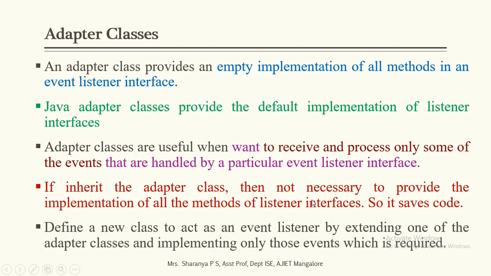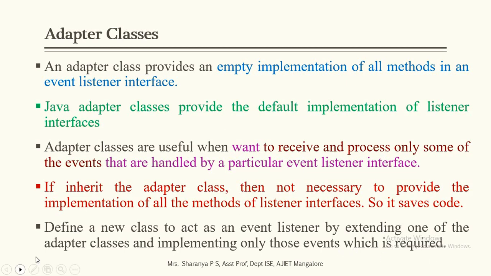That's why, as I mentioned, it saves code. And here it defines a new class to act as an event listener by extending one of the adapter classes and implementing only those events which are required.